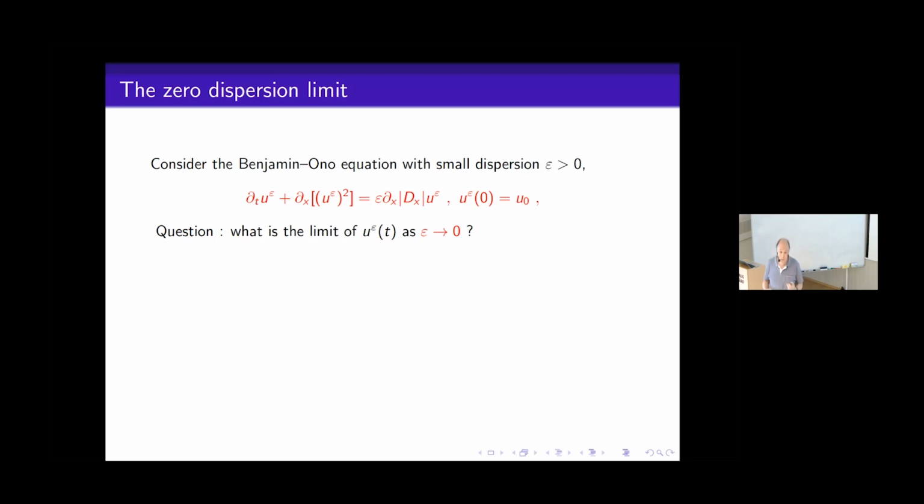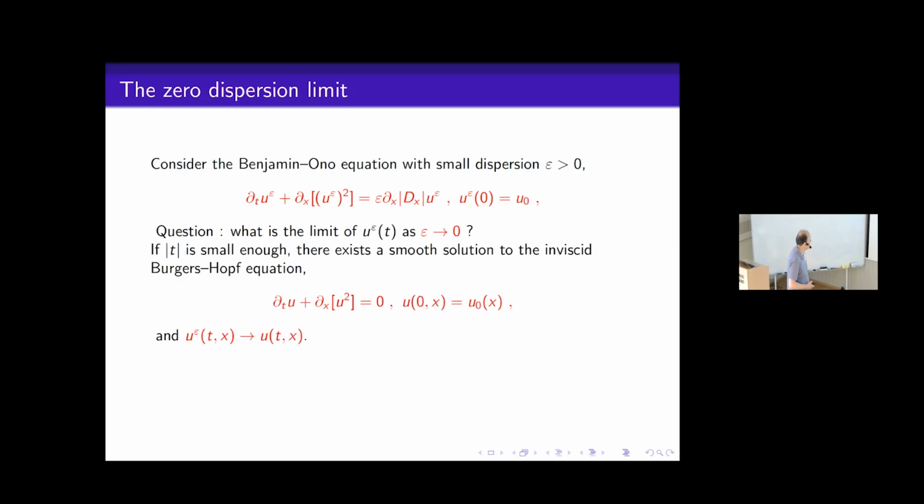The answer is, in general, no, it's not a solution of the Burgers-Hopf equation, because u epsilon will develop very strong oscillations, so that even if you have an L2 bound on u epsilon for all time, which is given by the conservation law, the convergence in L2 cannot be strong.